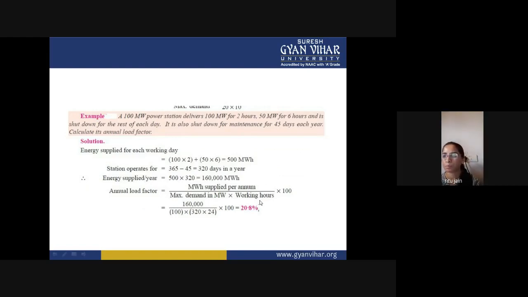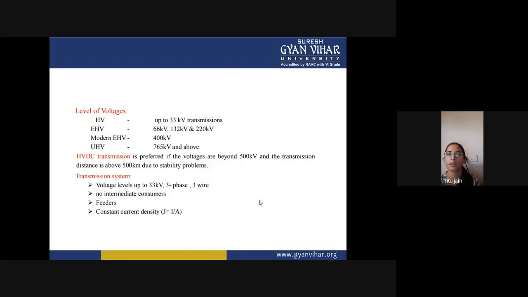Now these are some basic concepts of voltage. The voltage up to 33 kilovolt transmission is considered high voltage. Extra high voltage is 66 kilovolt, 132 kilovolt and 220 kilovolt.